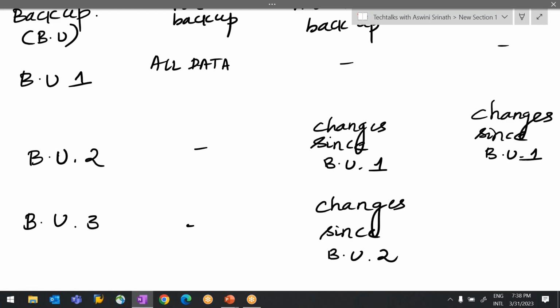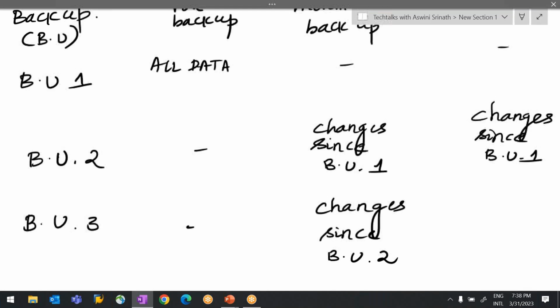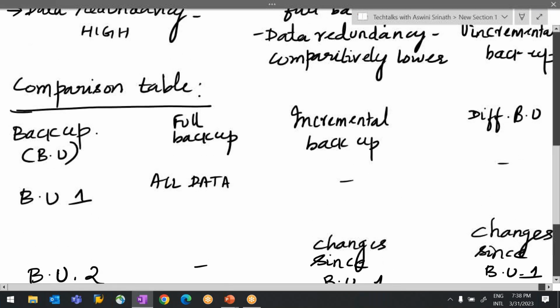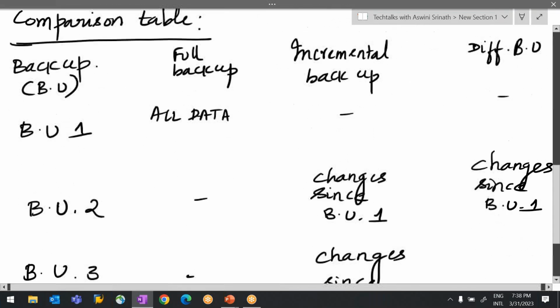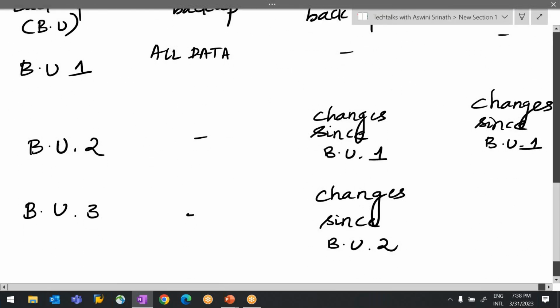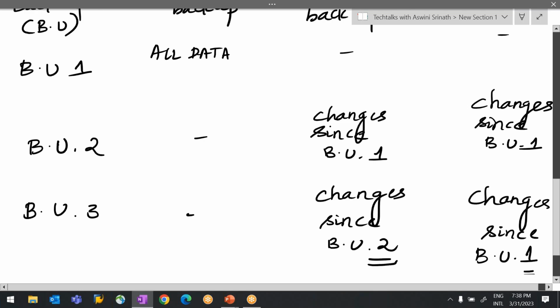This considers what is the change from 1 to 2, and this considers the change between 2 and 3. Here on differential backup, we consider backup since the last full backup. So here we consider changes since backup 1. So this is the differentiation between differential backup and incremental backup.